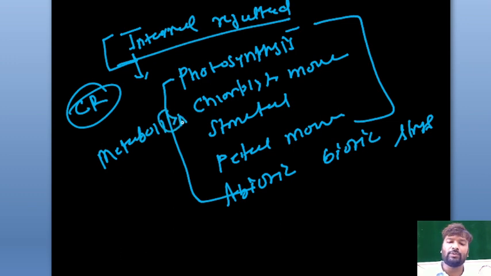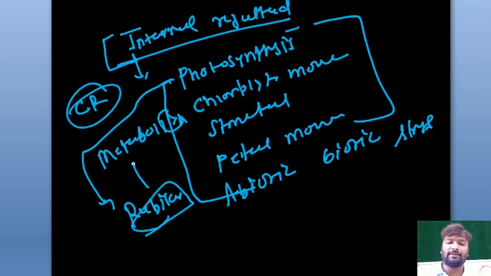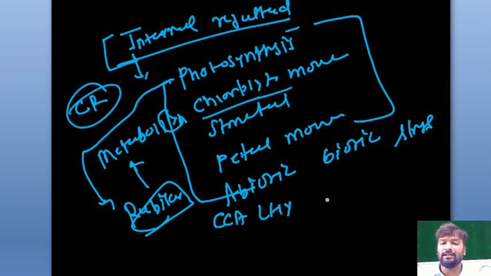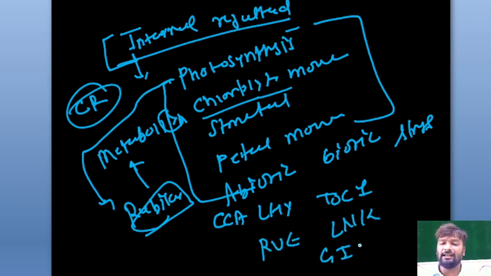So there are a number of genes, like photosynthetic genes and Rubisco activity, which are regulated by the circadian rhythms. There are a number of genes like CCA, LHY, TOC1, RB, LNK, GI, ELF3.